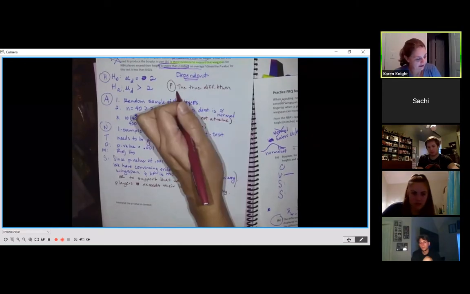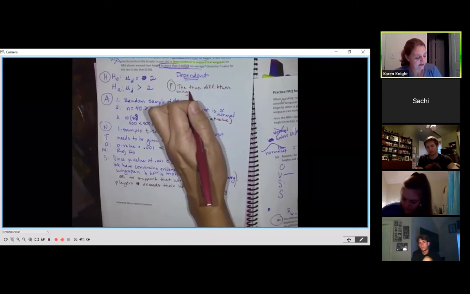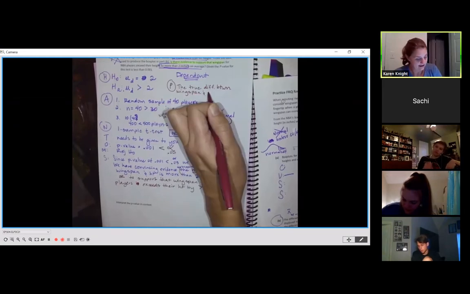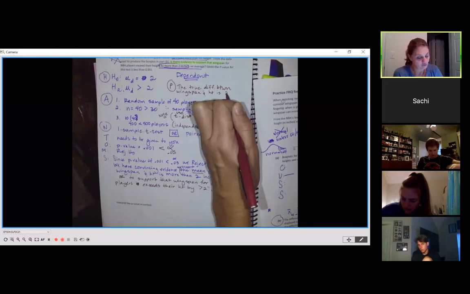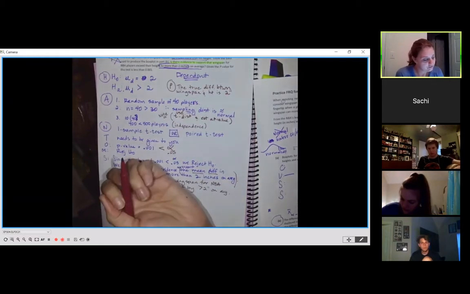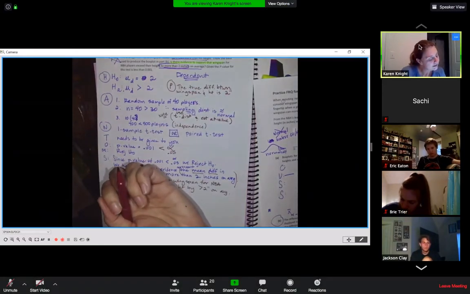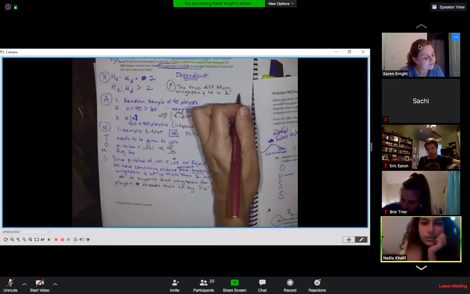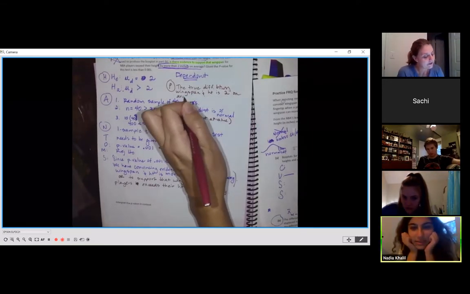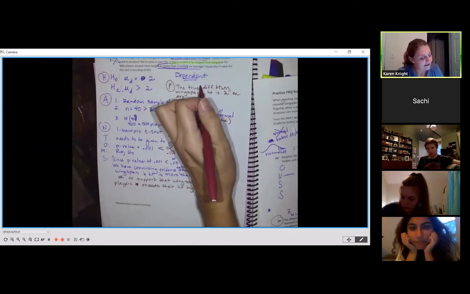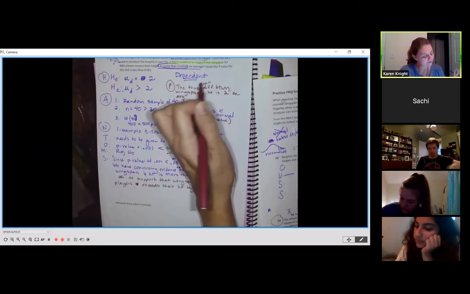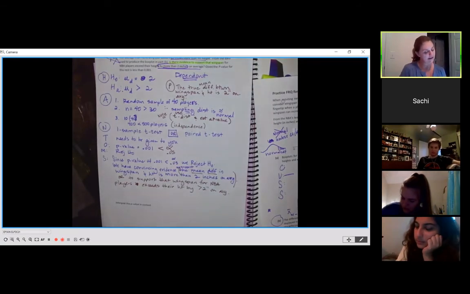Between wingspan and height is 2 inches. Yep, on average. The true mean difference, because isn't it a mean? Yes, the true mean. It is a mean. Yep. The true mean difference between your wingspan and your height is on average 2 inches. Yes. Good catch.